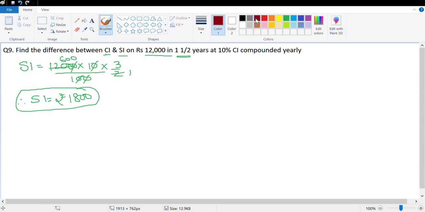Now we need to calculate the compound interest. So for compound interest, and this is being compounded yearly. So let's calculate amount first and then we will calculate the compound interest. So amount will be equal to principal. In this case, principal is 12,000. 1 plus r, in this case, r is 10 upon 100 raised to the power 1 full year.